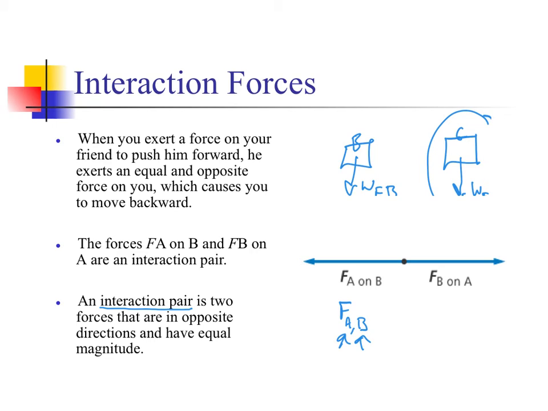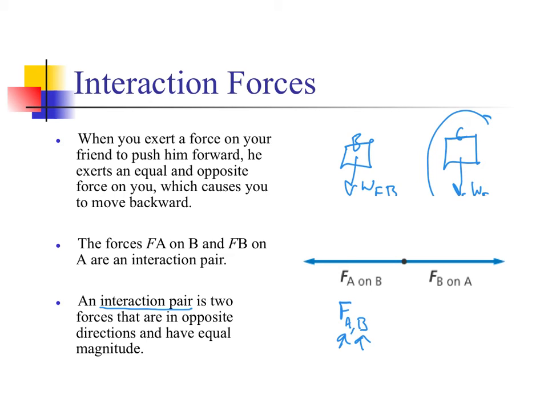Now, some interactions are not ones you would probably guess to be Newton's third law pairs, because Newton's third law is usually fairly well known: for every action there's an equal and opposite reaction.